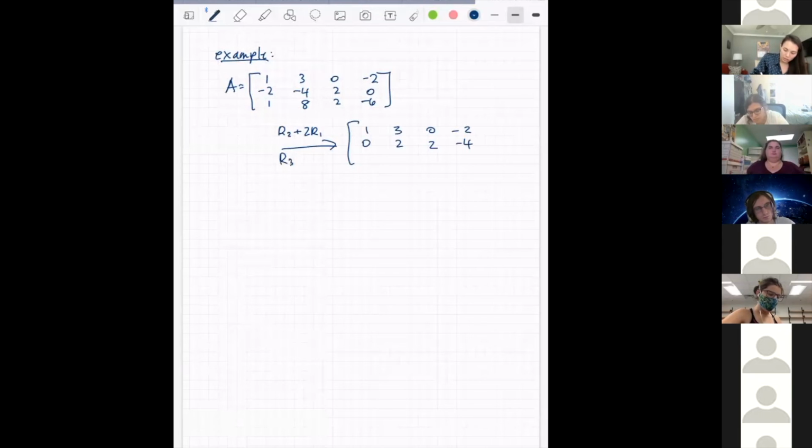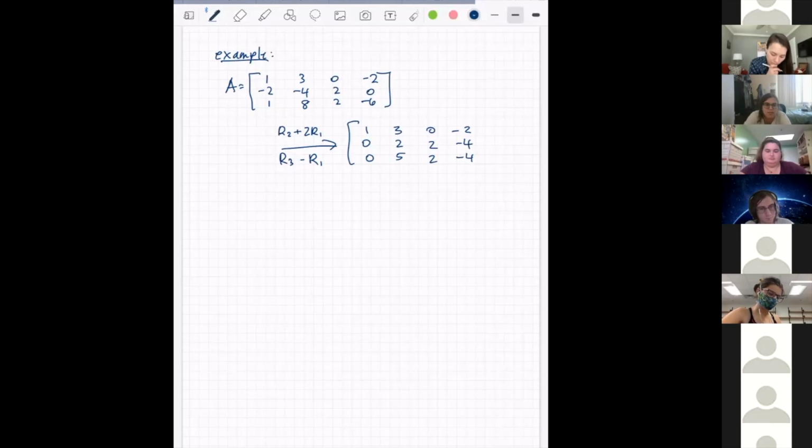So we'll do row 3 replaced with row 3 minus row 1. So 0, 5, 2, -4. Wait, no. Yeah, that looks right, I think. Okay. Cool.